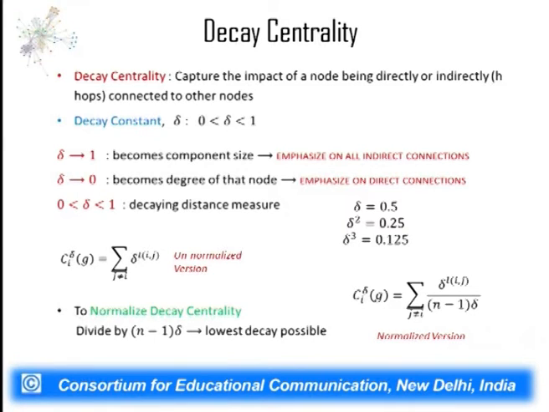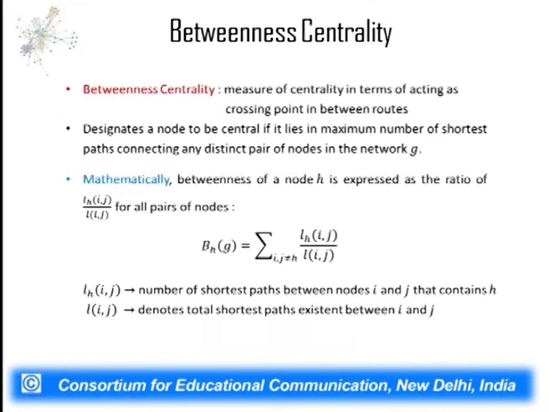This is the unnormalized version. If we normalize it, we take the normalization parameter to be the sum of delta to the power of distance over n-1 nodes, because this is the highest possible decay value. So this is decay centrality.